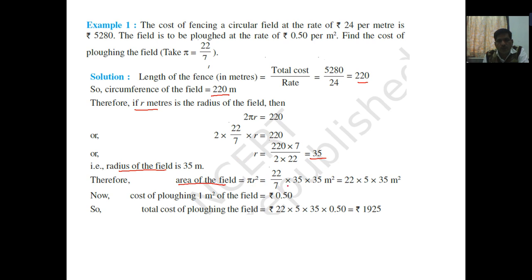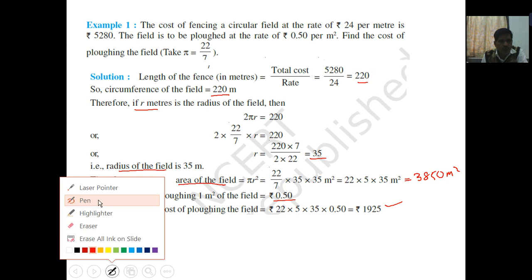So 22 by 7, 35, 35, we get the answer 3850 meter square. Now the cost of ploughing 1 meter square is rupees 0.50. So if you multiply, you will get the answer 1925 rupees. So when you give the answer, always write the answer in statement form. So that is example number 1.